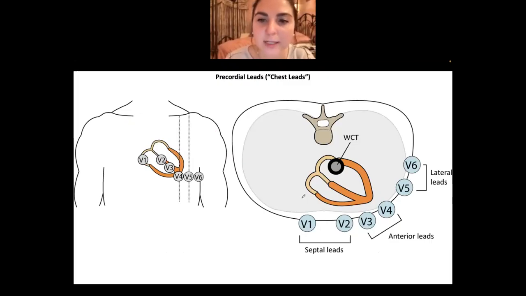And then the precordial leads look like this, and it kind of shows you the views. And we'll talk about this because you do need to know, like, if you have an MI in V1 and V2, you need to know that you're looking at the septum. So we'll talk about that. I have a mnemonic for that. But this is just kind of showing why, if you put it on the heart like this, this is why you see the different views of the heart.